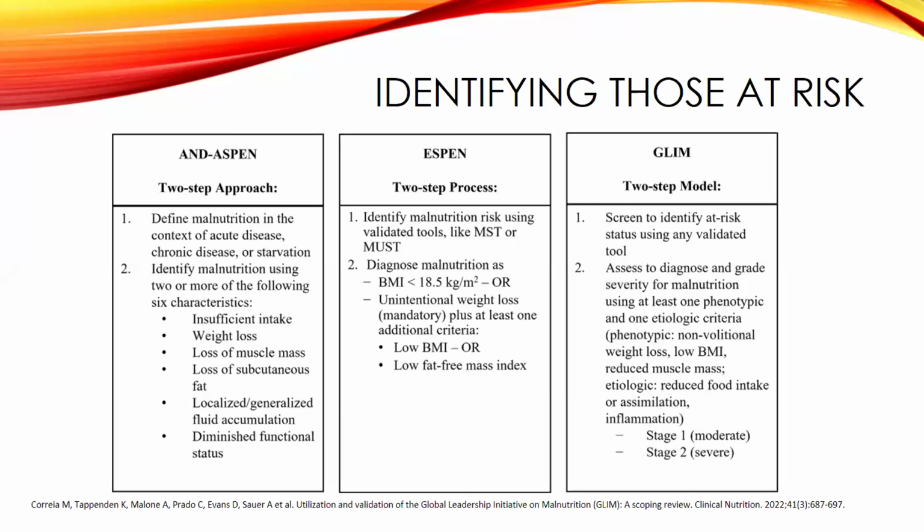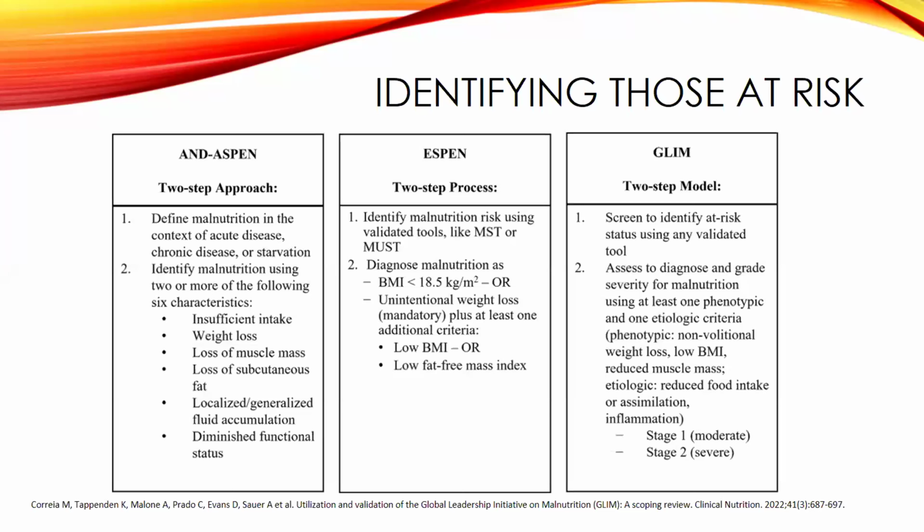The second aspect of etiology is inflammation, where in acute disease or injury or even chronic disease, they'll evaluate the C-reactive protein, that's the CRP, which may be used as a supportive measure in diagnosing malnutrition for those patients.